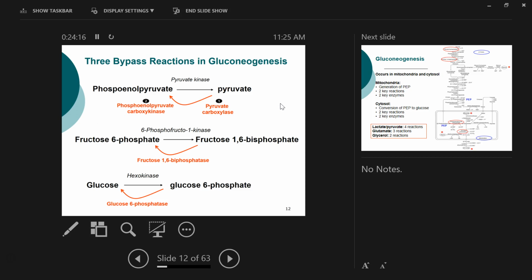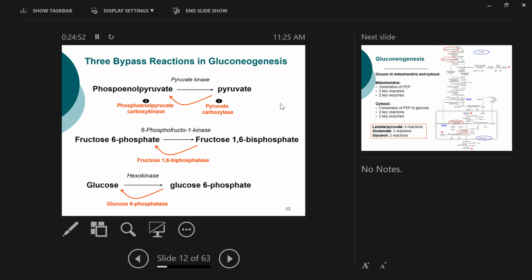Pyruvate cannot be converted to phosphoenolpyruvate by pyruvate kinase, right? But we need two enzymes called pyruvate carboxylase and phosphoenolpyruvate carboxykinase, and these two enzymes are able to catalyze the conversion of pyruvate to phosphoenolpyruvate, so going in the opposite direction in gluconeogenesis.